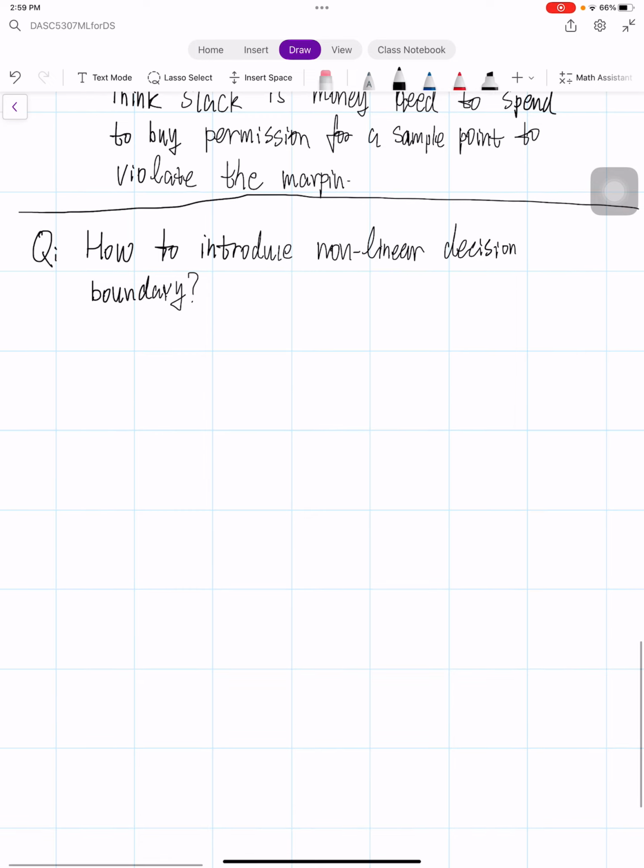Actually, once we solve the linear case, we can introduce nonlinearity by introducing more features.